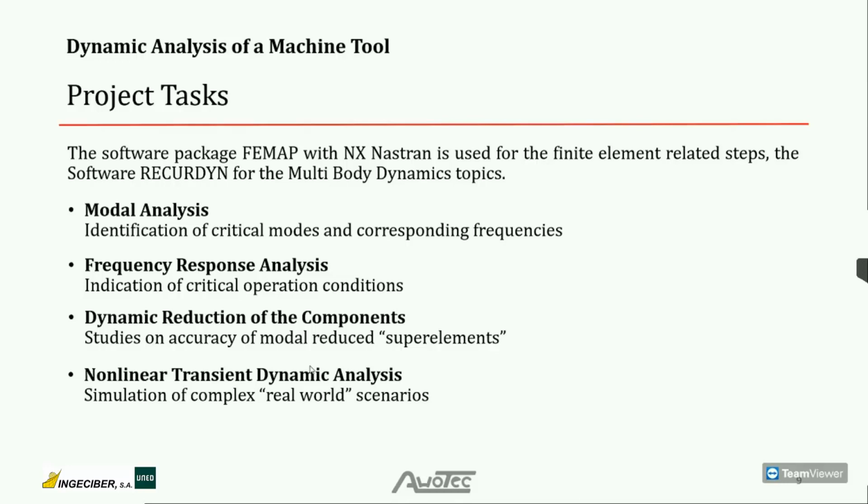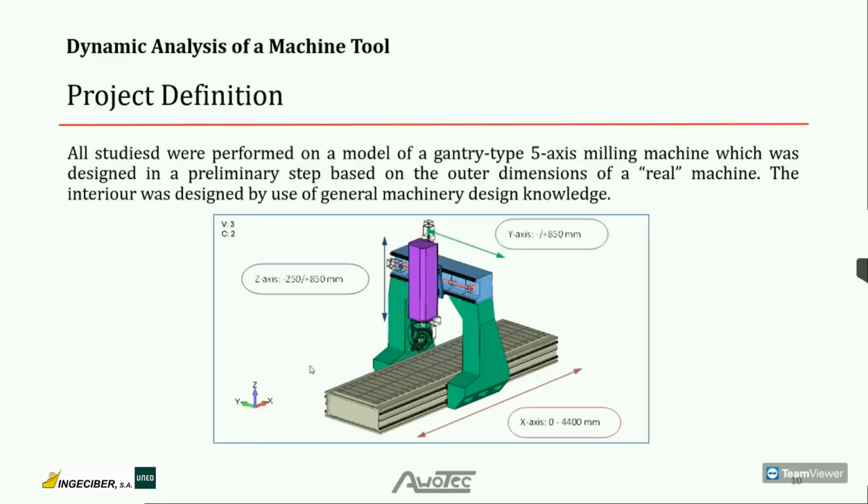Step number 3 was the so-called dynamic reduction of the components. This is also called super element technique because these dynamically reduced components are used later on in the nonlinear transient dynamic MBD simulations.